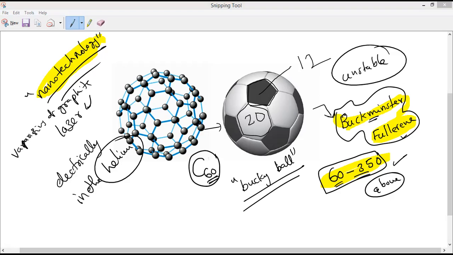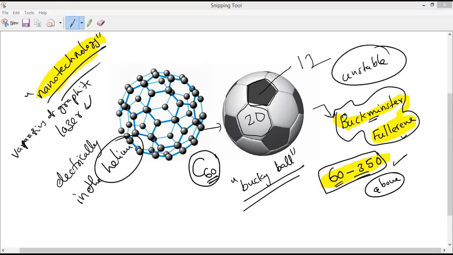So fullerene is another form of allotropy. The most stable and first identified fullerene is C60, which has the shape of a football and looks like a geodesic dome designed by a US architect. If you search on Google, you will get it.